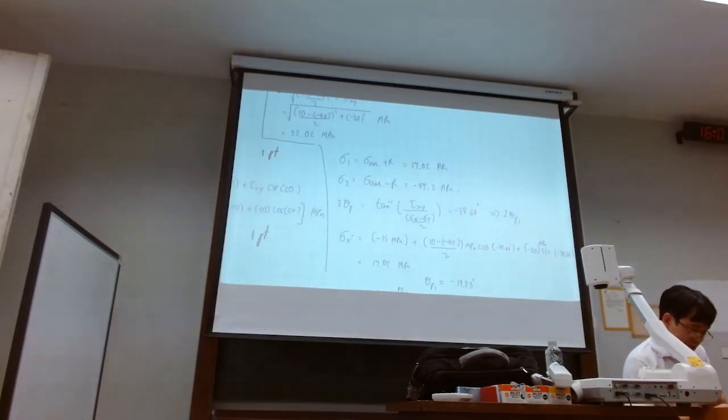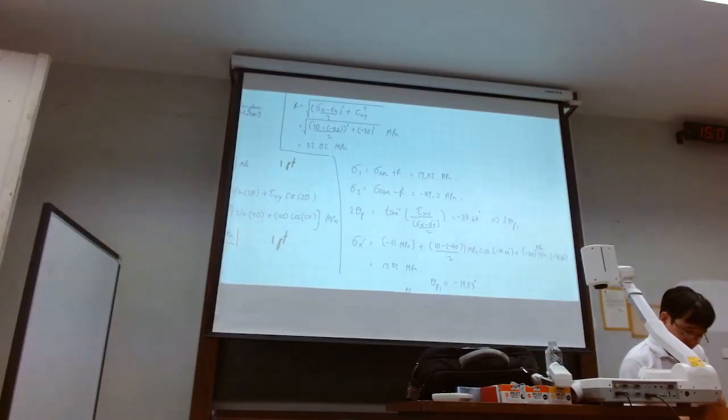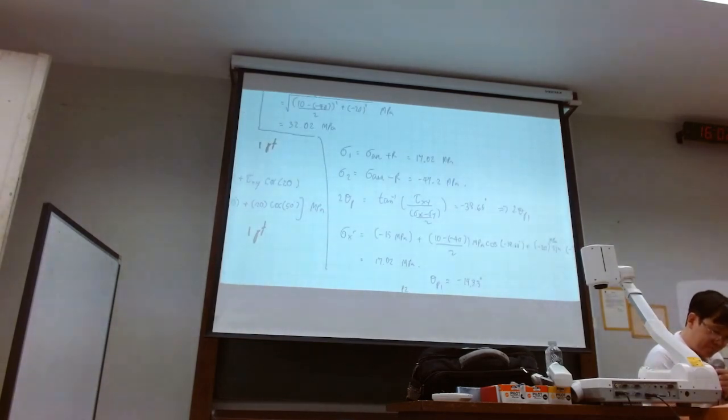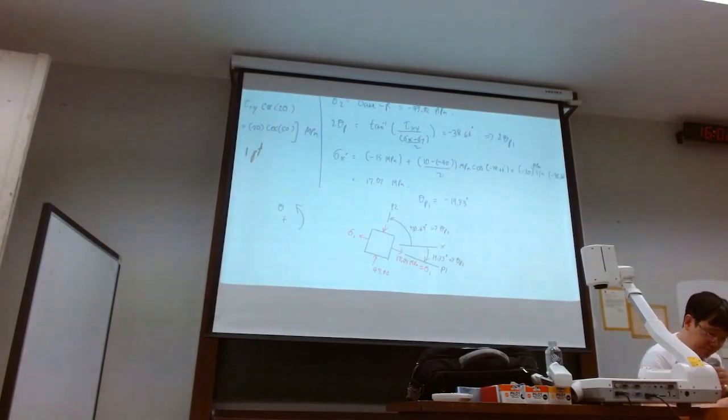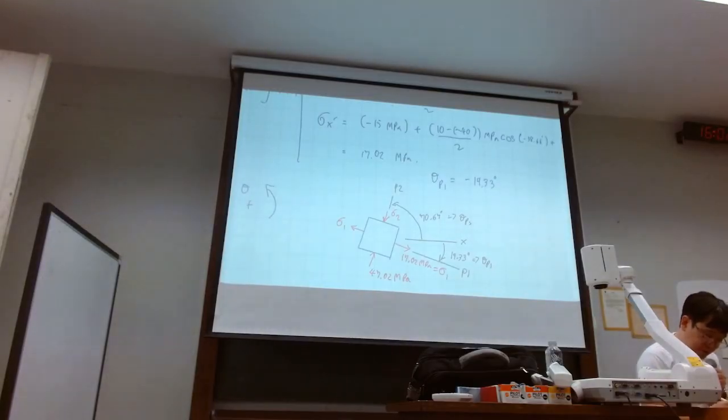I think it's 0.02. Minus 15 minus 32.02. 0.02, sorry. So this is 47.02 MPa, and this is your sigma 2.